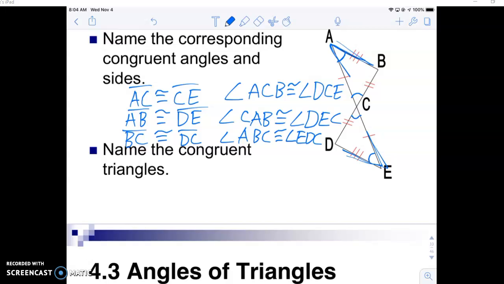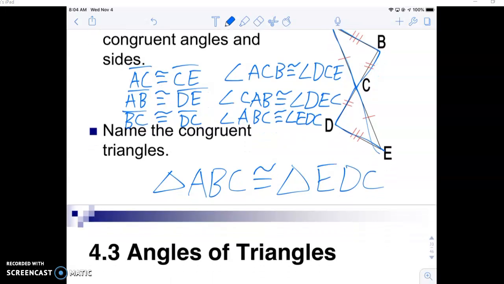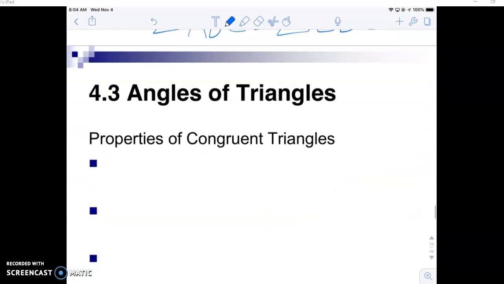So I'm going to say triangle ABC is congruent to triangle EDC. Alright, so those two triangles are congruent. That's how we would write that answer.